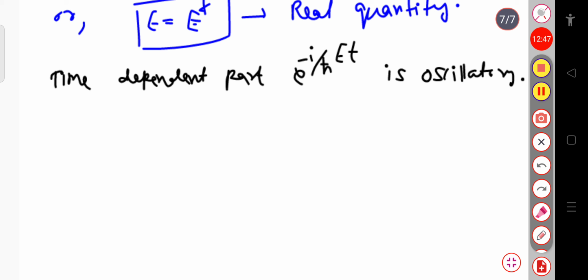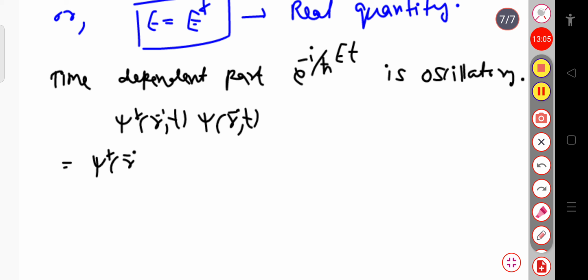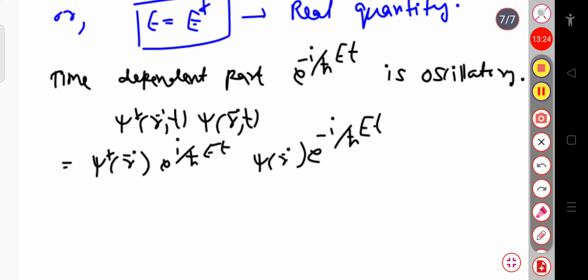It means that if I write ψ*(r,t) ψ(r,t), then in place of ψ*(r,t) we can write ψ*(r) and in place of f(t) we can write exponential of +iE t/ħ (because it is the conjugate), and in place of ψ(r,t) I will write ψ(r) into exponential of −iE t/ħ. So of these exponential terms, one is positive and the other negative, so this will be exponential 0, that is 1.